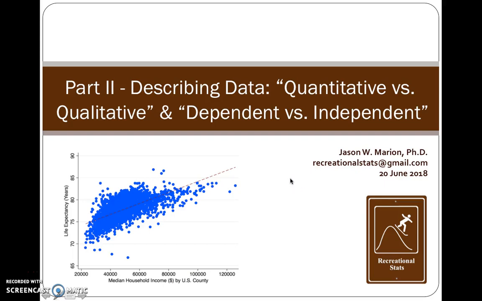Okay, our second part in just the basic descriptions of data as it relates to quantitative and qualitative and dependent versus independent is going to focus a little bit here on dependent and independent variables and understanding the differences between those, as well as then us looking at a typical data file spreadsheet.